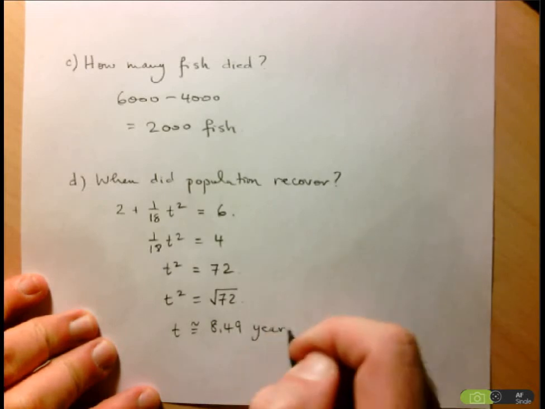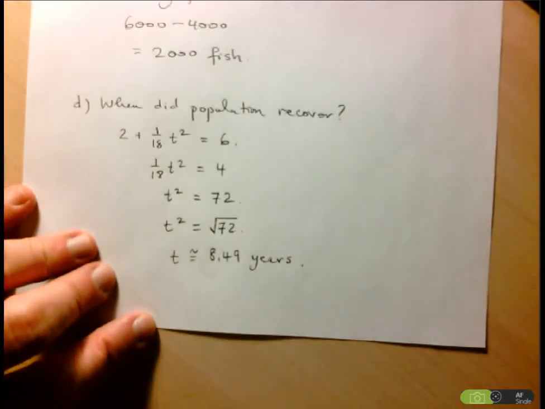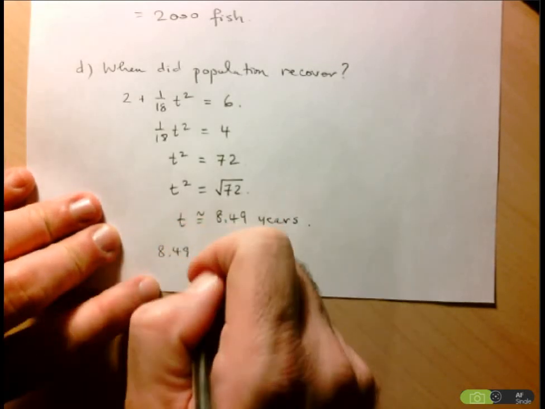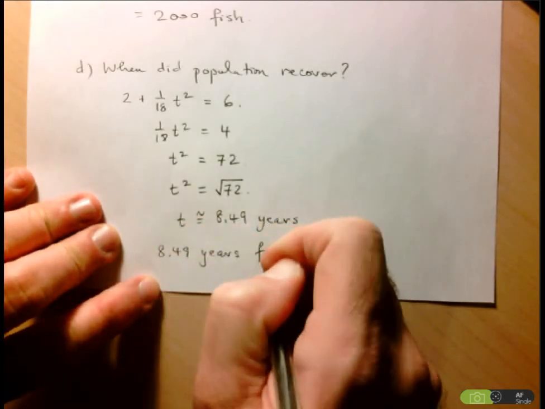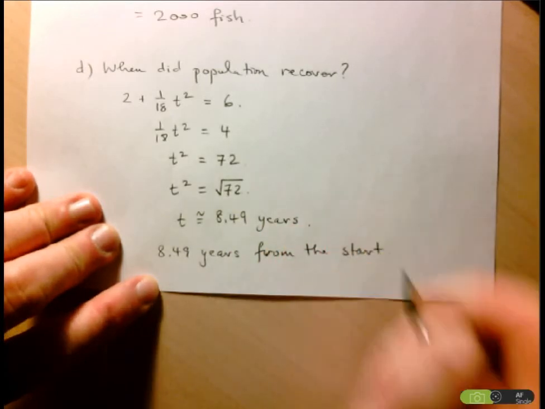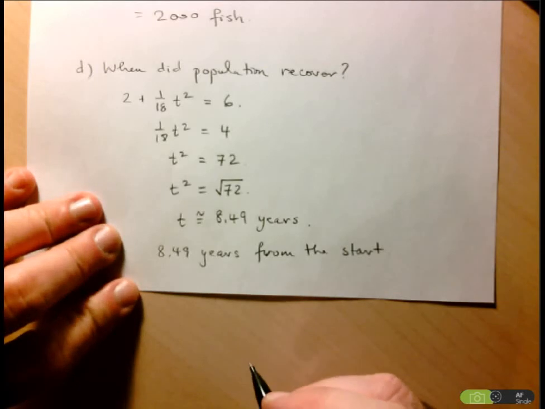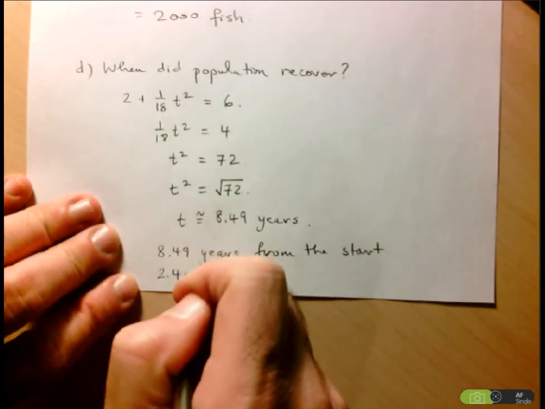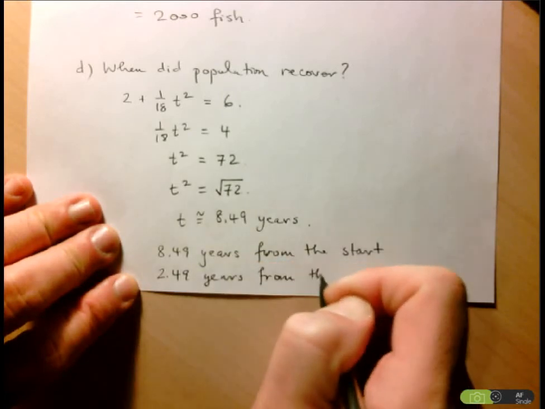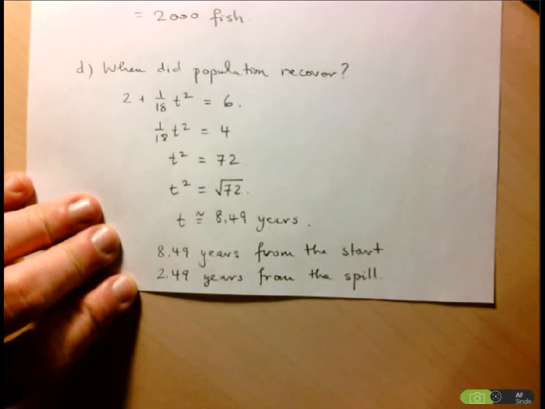If they want to know how long, it says at what time did the population recover, so I guess we can say 8.49 years from the start, or you can also say relative to the spill itself, 2.49 years from the spill. Since they didn't really specify, either one of these would be valid.